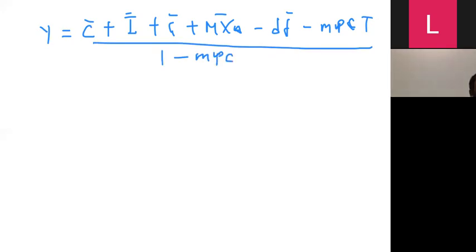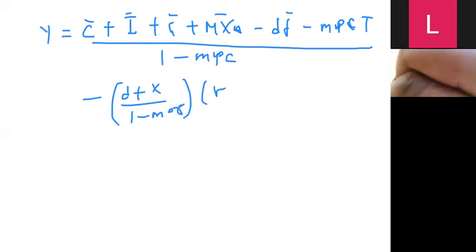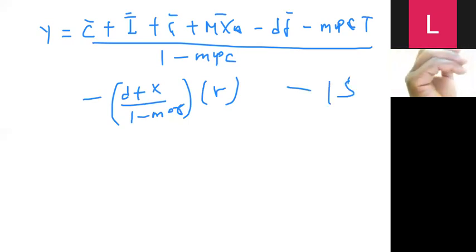minus D plus X, into bracket 1 minus MPC, multiplied by R. So this equation is known as the IS curve, right? And if you recall again, we had monetary policy as R equals the autonomous R plus lambda inflation.